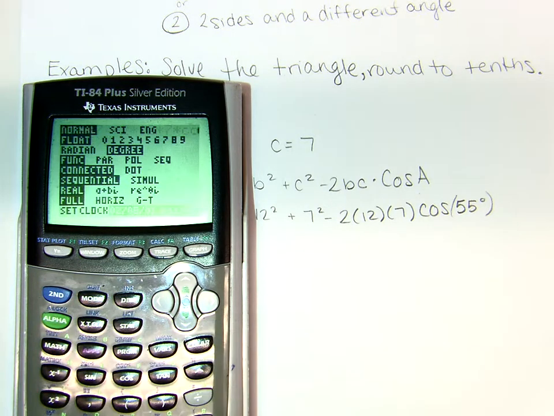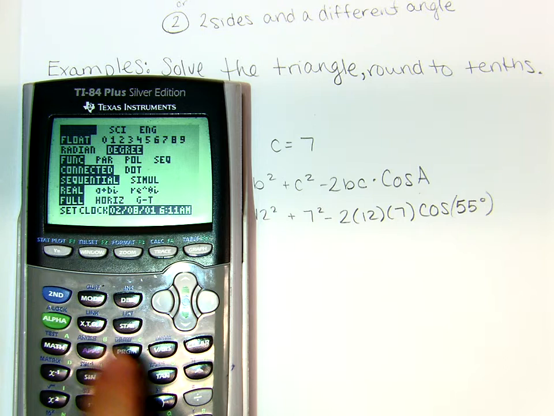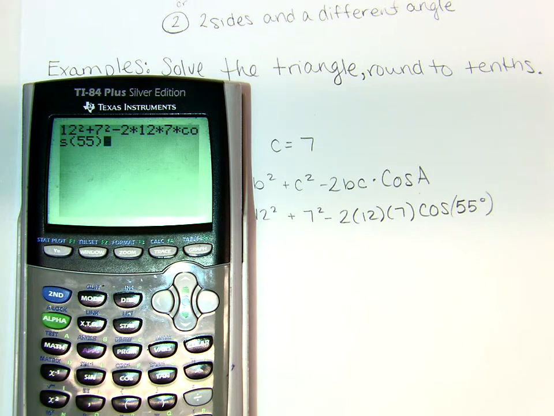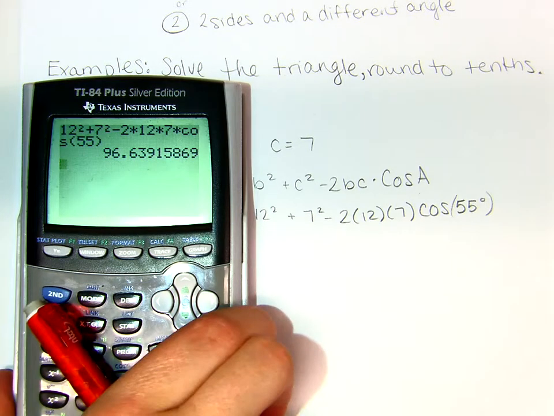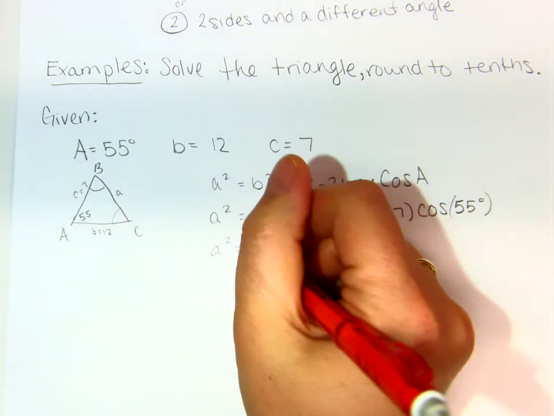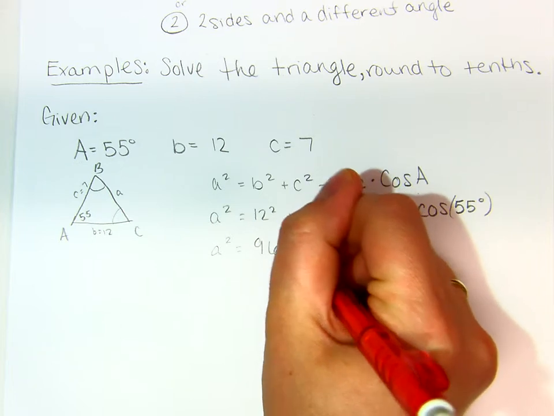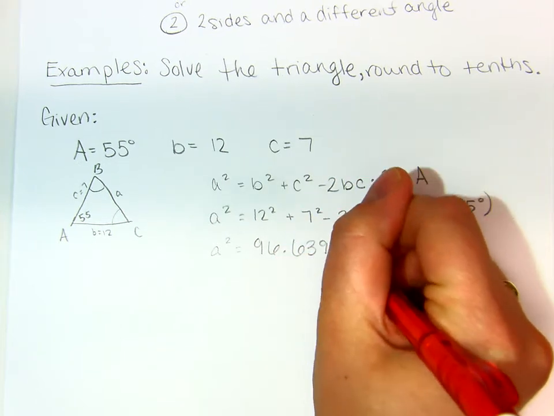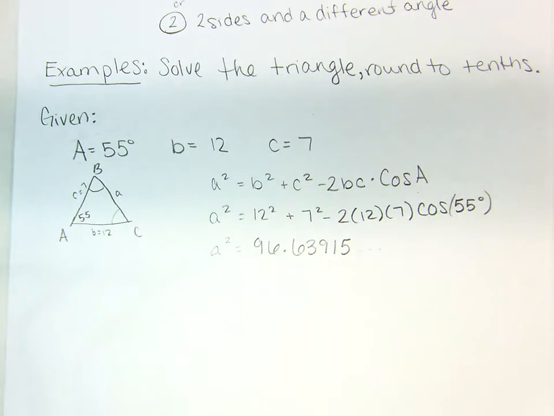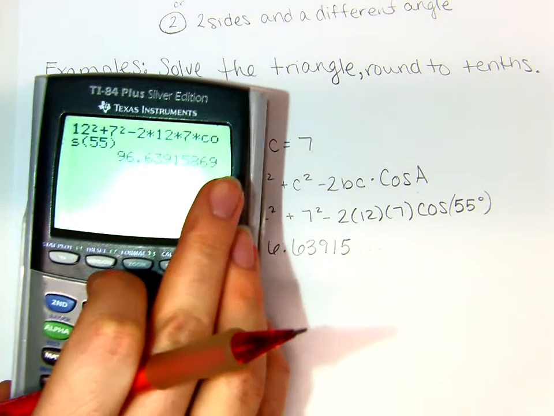You need to make sure your calculator is in degrees because you're typing in a degree to begin with. If I type all that in, I get that ugly number, 96.63915, and it carries on.